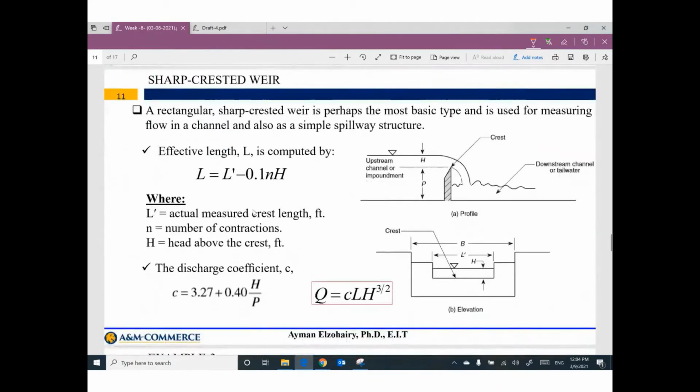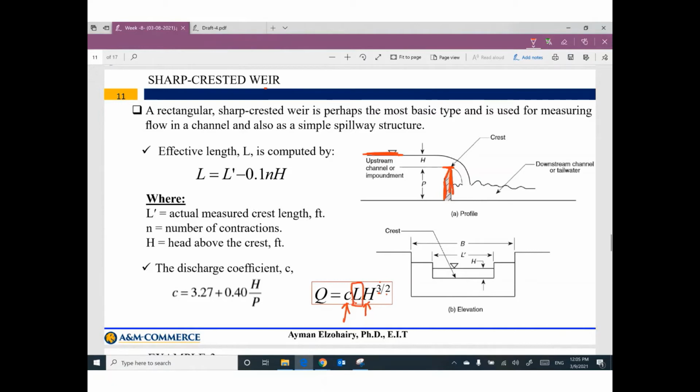The second type of weir is called sharp crested weir. This crest, which is the top, is very sharp, like this, which is called sharp crested weir. The discharge equals C L H to power 3 divided by 2. C is the discharge coefficient. H is the height between the top crest point and the water level in the upstream.